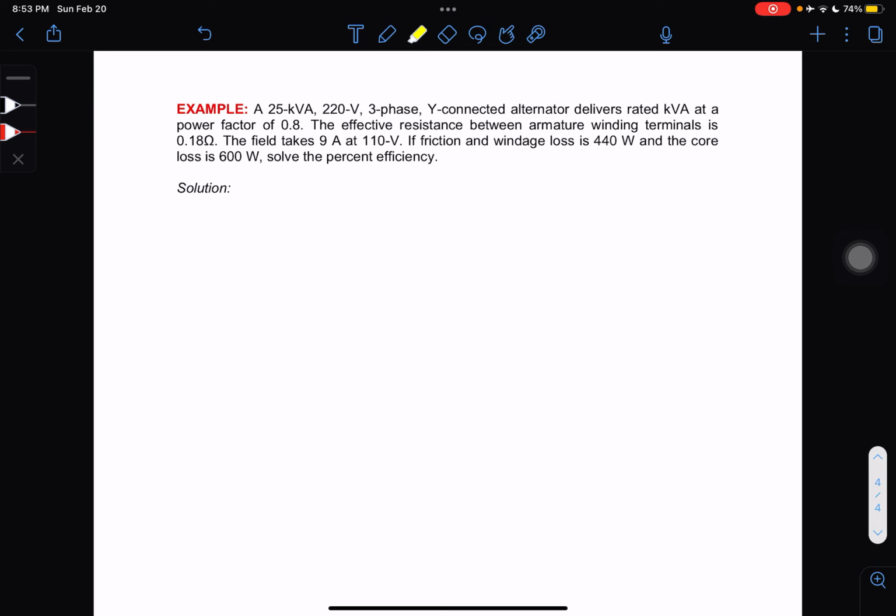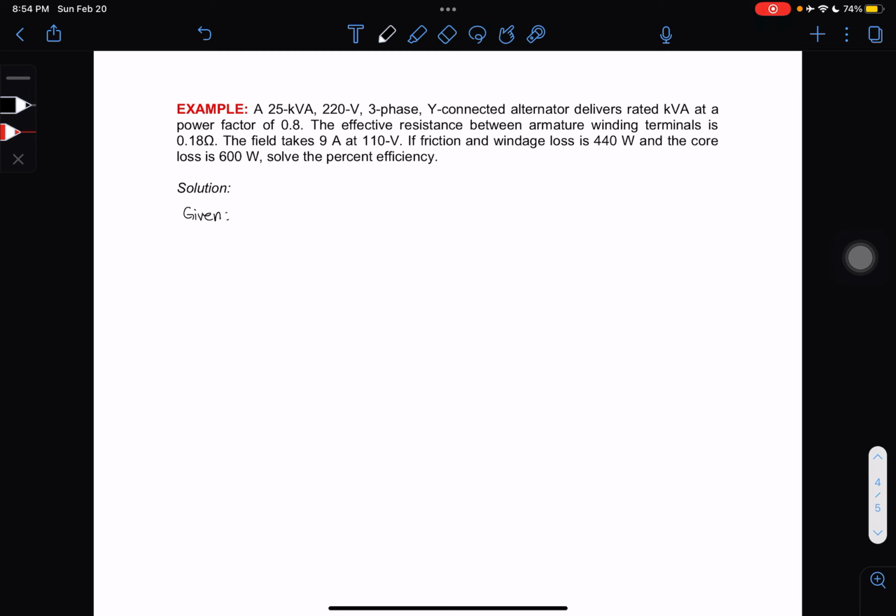The field takes 9 ampere at 110 volts. If friction and windage loss is 440 watts and the core loss is 600 watts, solve the percent efficiency. So in our problem, we need to analyze and write our given.